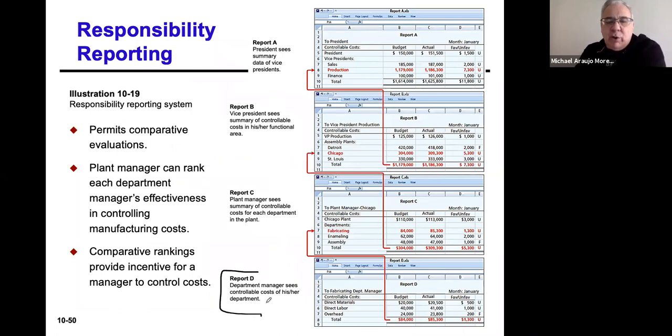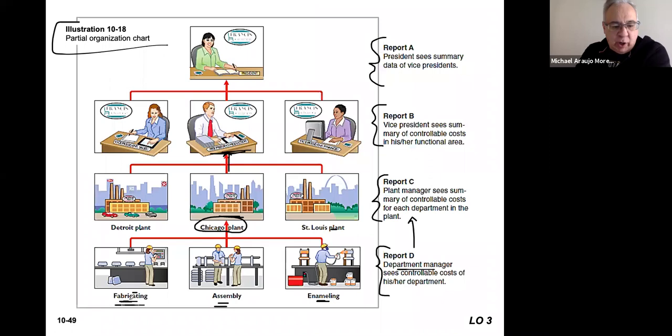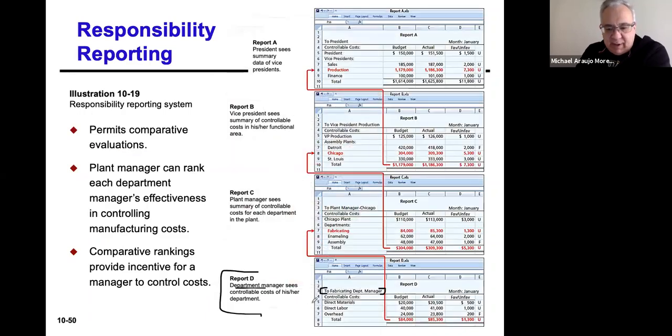Report D would show us specifically what the department manager would have. In this case, this is very specific to the fabrication department. It would show this particular level of detail for their budget, showing the budgeted amounts, the actual amounts, and any difference, whether it be favorable or unfavorable.